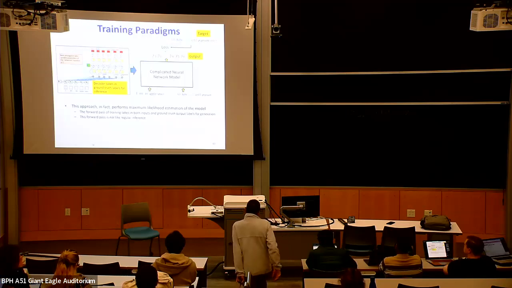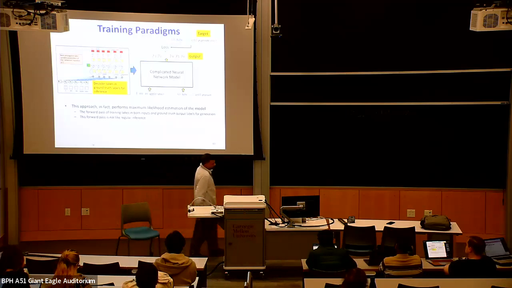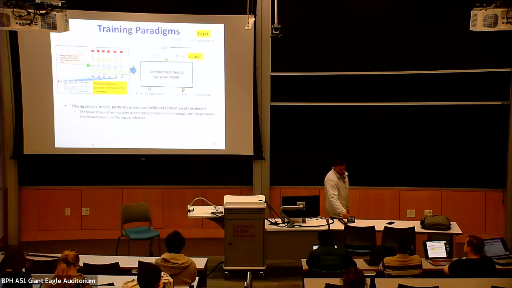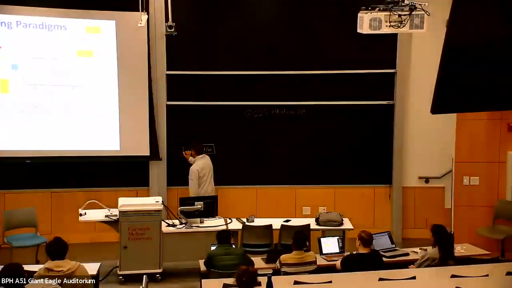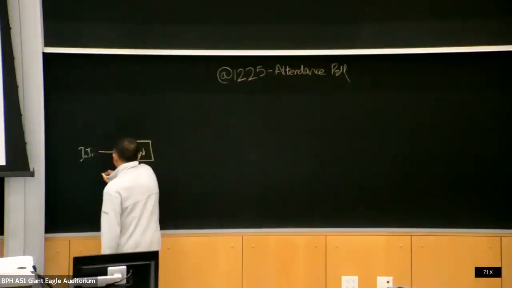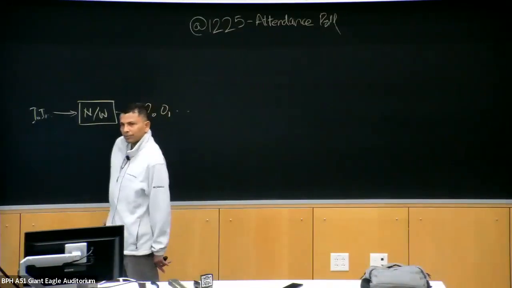But there was the other way of doing it, which we mentioned, which was that instead of thinking of it as a language model, you can just think of it as a black box, some network, where an input sequence goes in and an output sequence comes out.